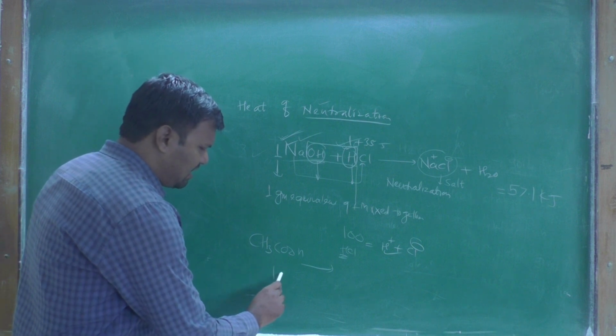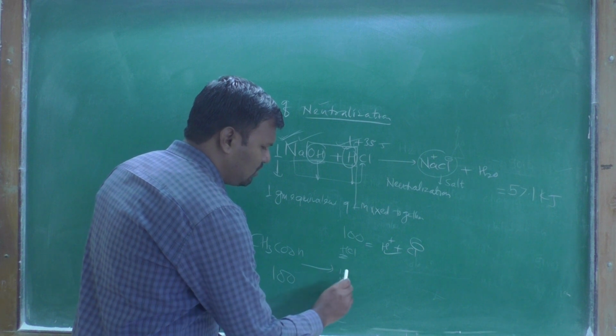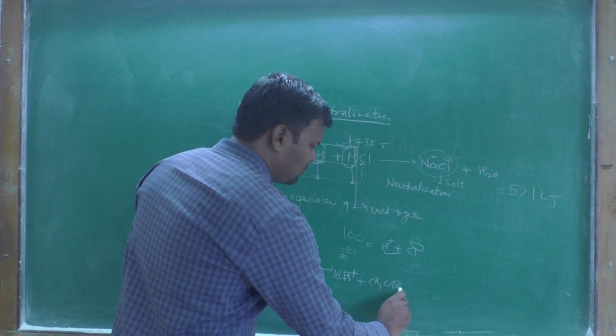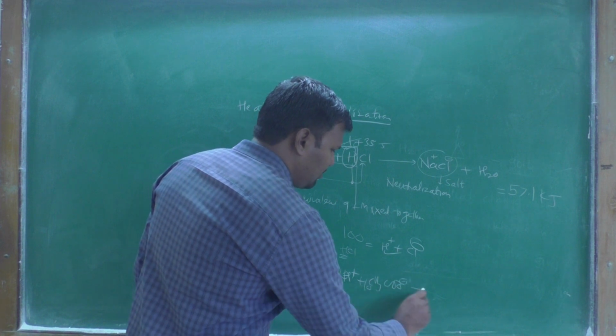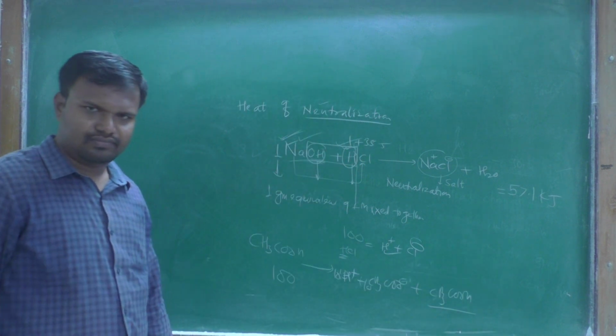If it has 100 molecules, only 10 molecules dissociate. It gives only 10 H plus and 10 CH3COO minus, and the remaining quantity stays as CH3COOH.